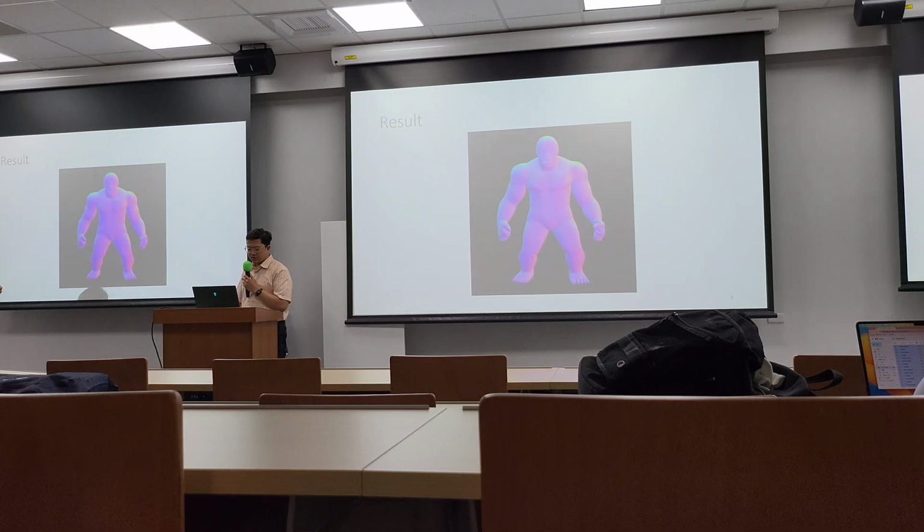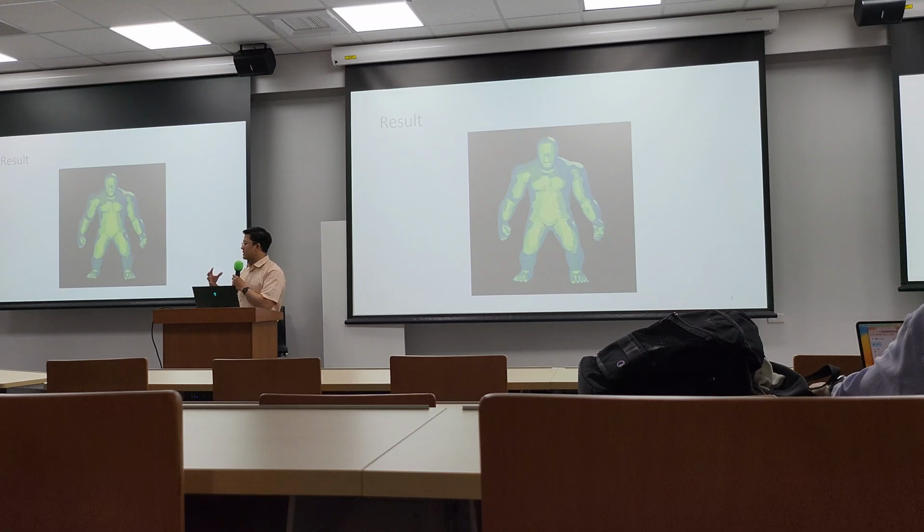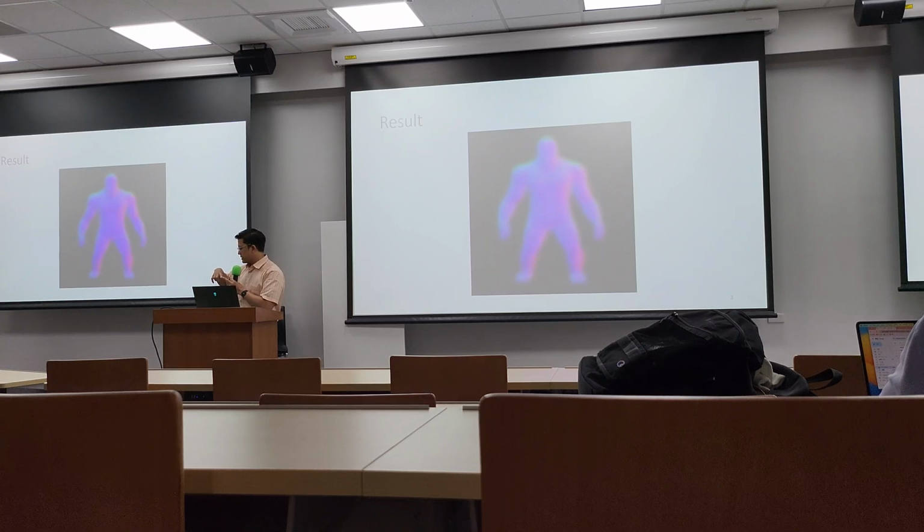Okay, thank you for the question. Yeah, so my method is different from the neural networks that appeared recently. My method is an example-based method. So we can directly transfer the style we want to the object.